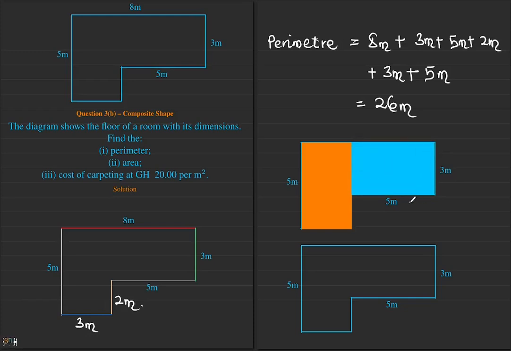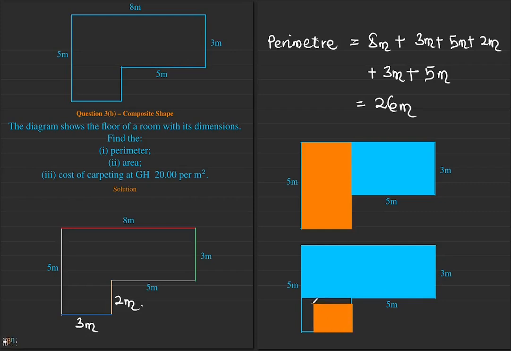You see, and with that, you know, this is a rectangle. So you find the area of this rectangle and then add it to the area of this rectangle. Or you can divide it into what? These 2 sections. So this particular rectangle you have here and this other rectangle you have over here.